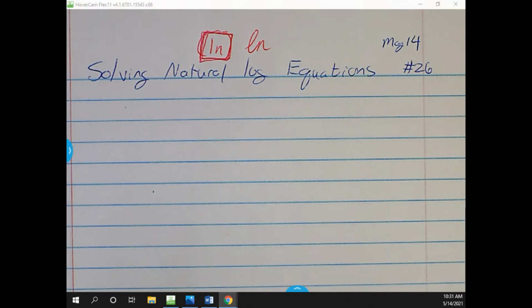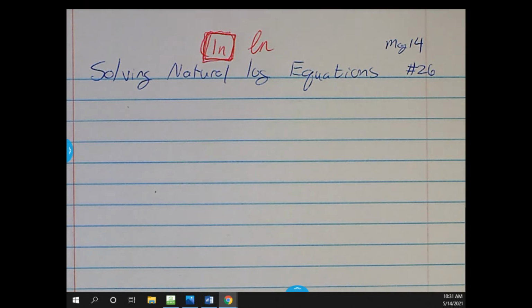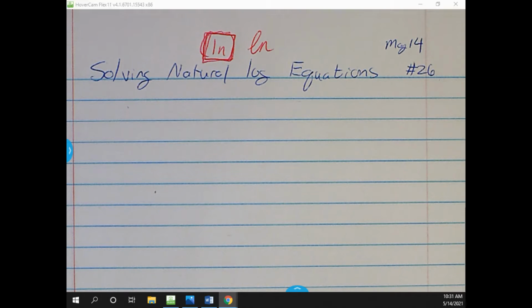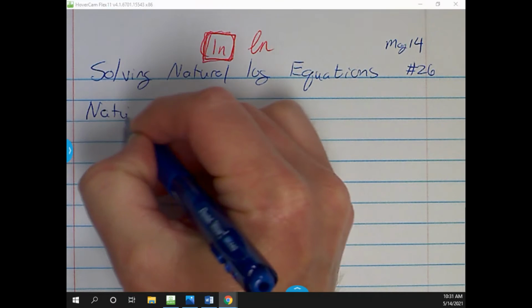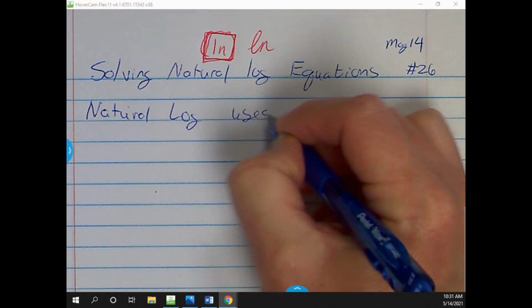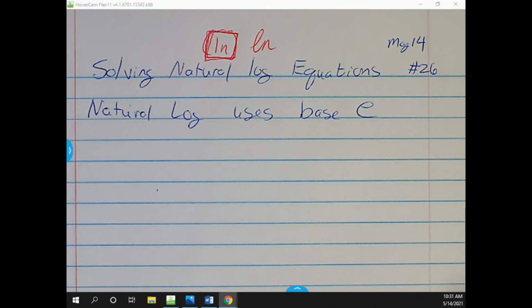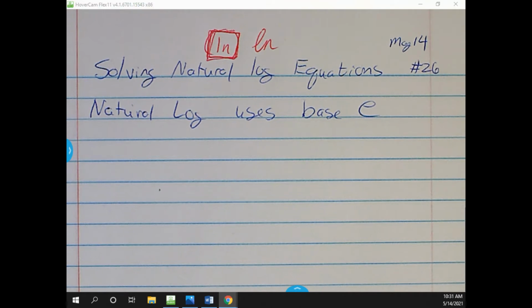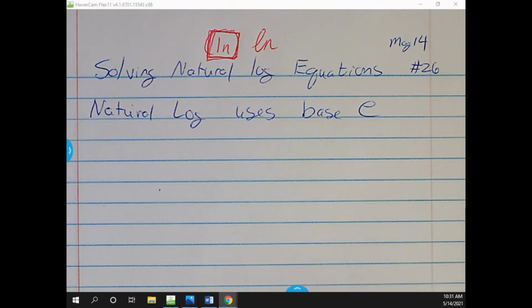All right, so here's the big thing. Natural log uses base E. The reason I call it a natural log base is that when they started working with numbers, it's just one of those numbers that kind of pops up.